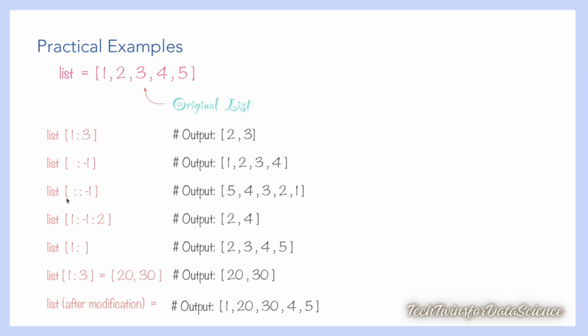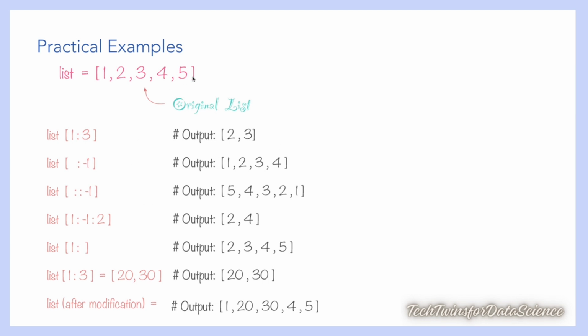Also, for this example, we leave the start position blank, we leave also the end position blank, and -1. That means we want the original values but reversed.